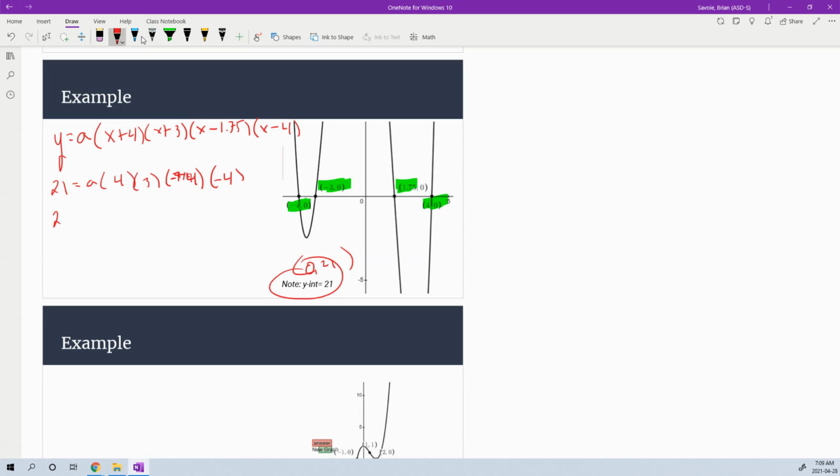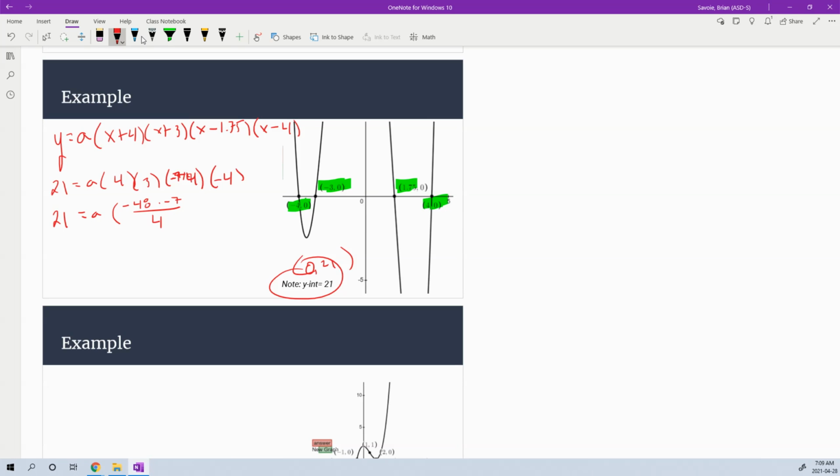So let's just do this piecemeal here. 4 times 3 is 12. 12 times -4 is going to give me -48. So I'm going to have -48 times -7 over 4.